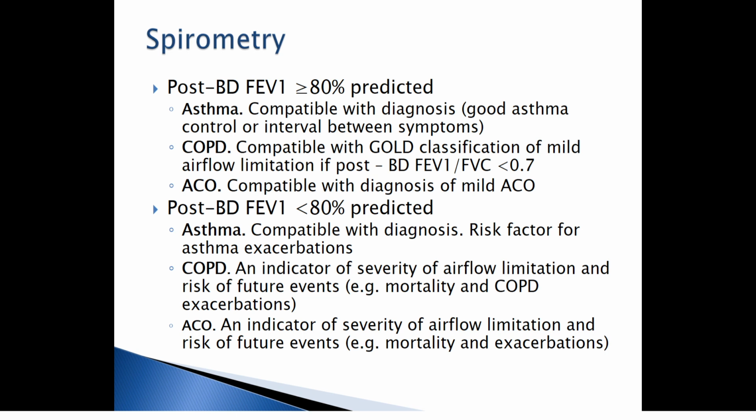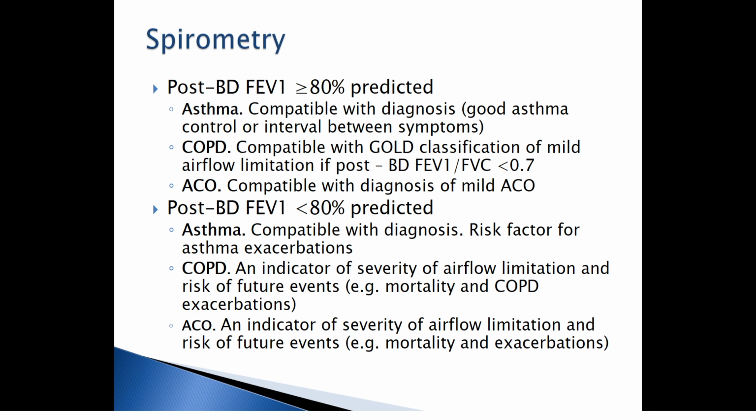If FEV1 is less than 80% of predicted, in asthma it can be, a risk factor for asthma exacerbation. For mild to moderate asthma, usually normal FEV1. In more severe asthma, it is decreased, and risk of exacerbation and respiratory failure increases in this patient.